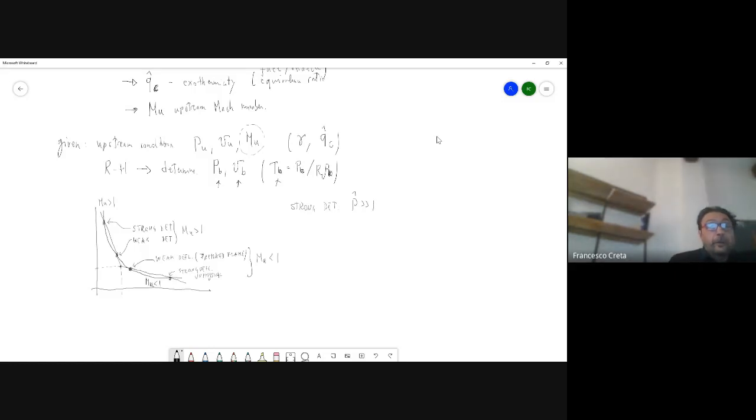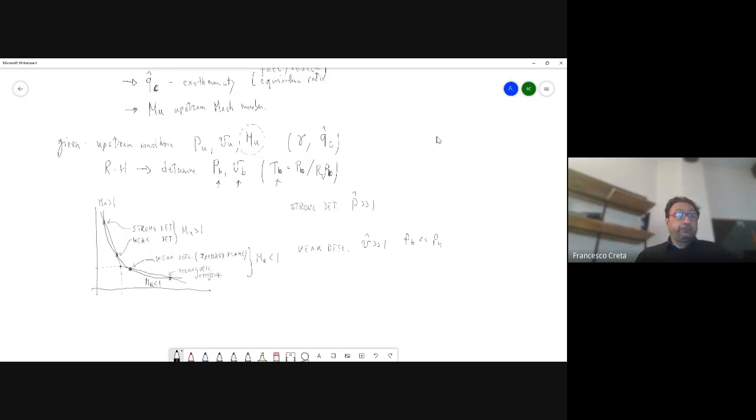And for weak deflagrations or premixed flames, what we have essentially is a strong increase in specific volume. So we have a strong decrease in density, let's say of the order of 5 to 10, so up to 1 order of magnitude.